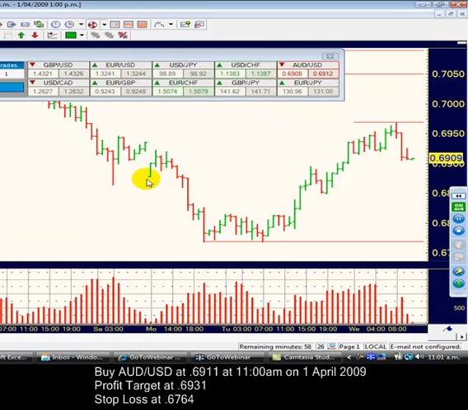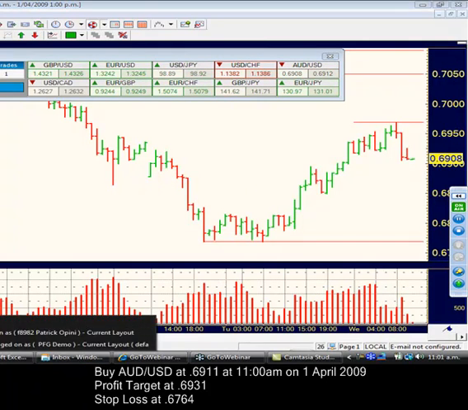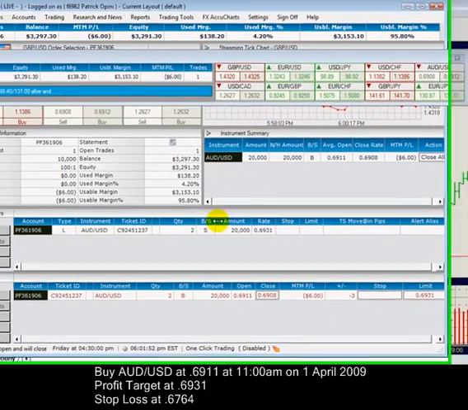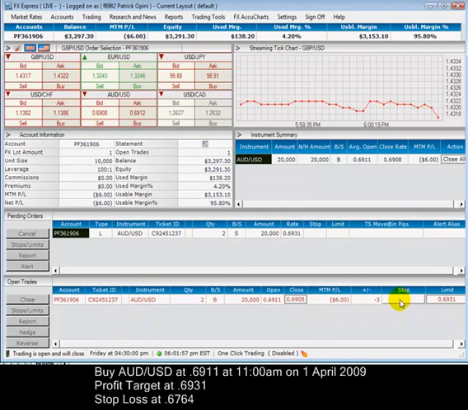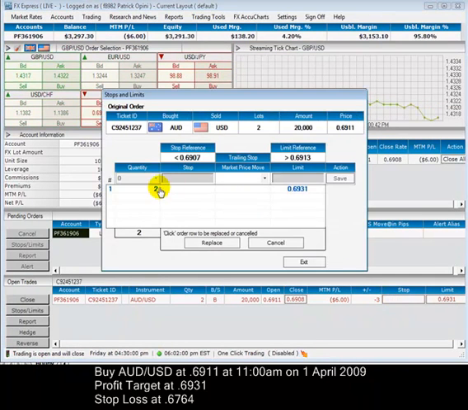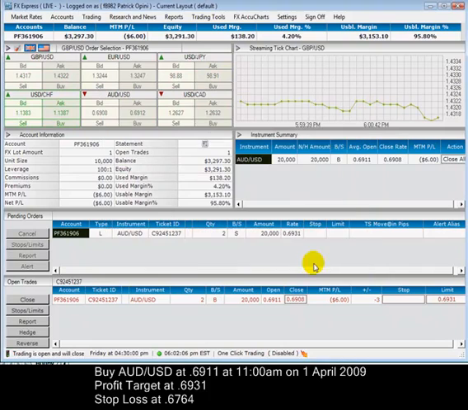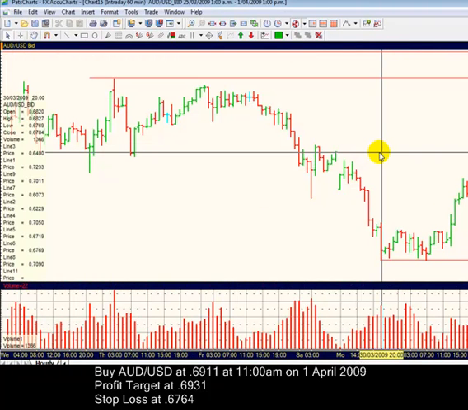So what I want to do is go into my trade station, and let me bring that up. Get rid of my ticker here. Stop. Excuse me. Just forgot what that low point was again.